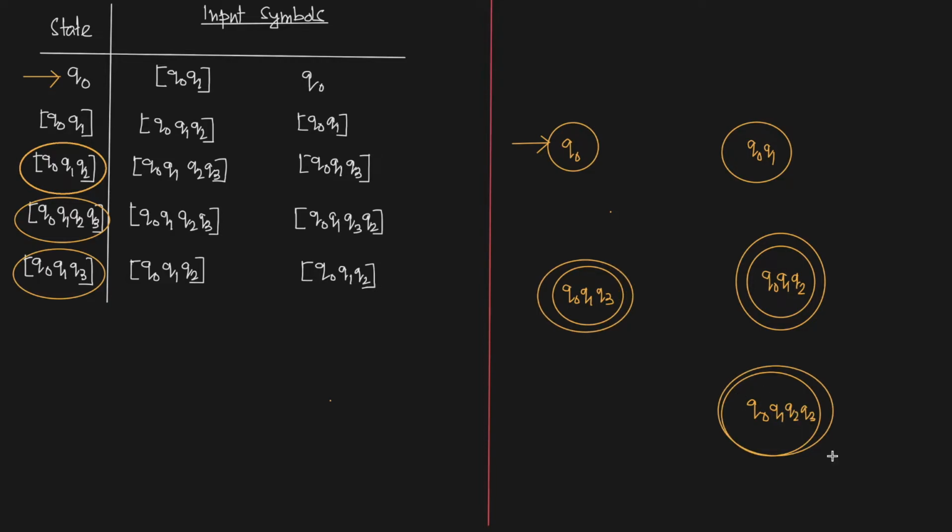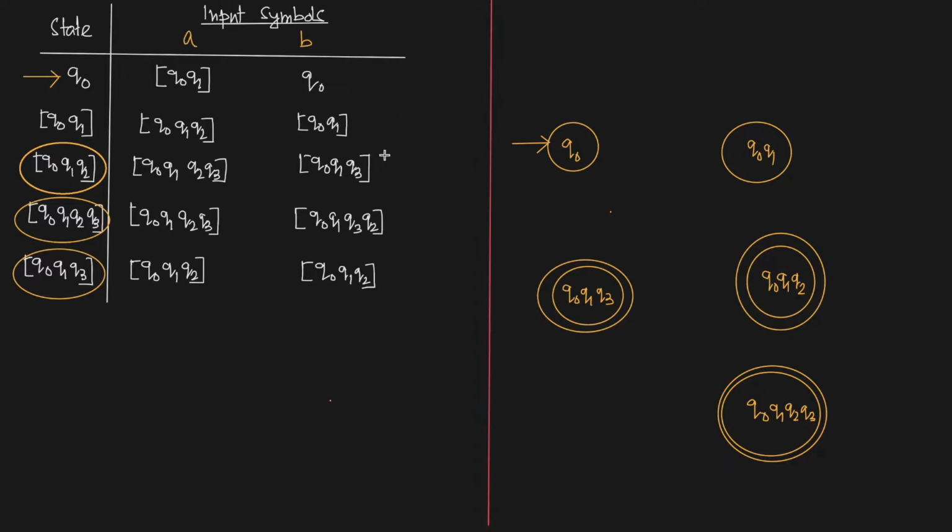So this is our final states. Okay, so what are the input symbols? Input symbols are A and B.